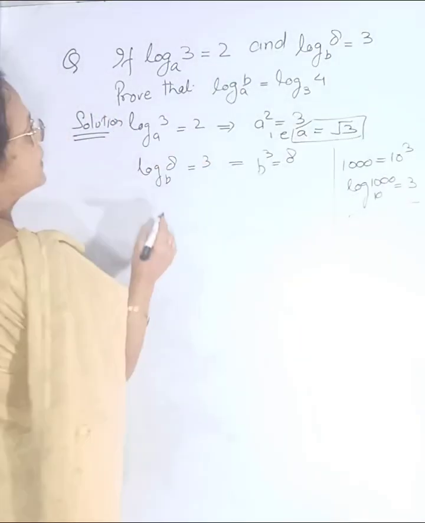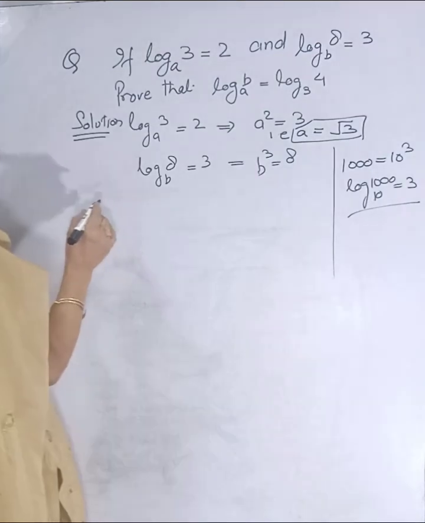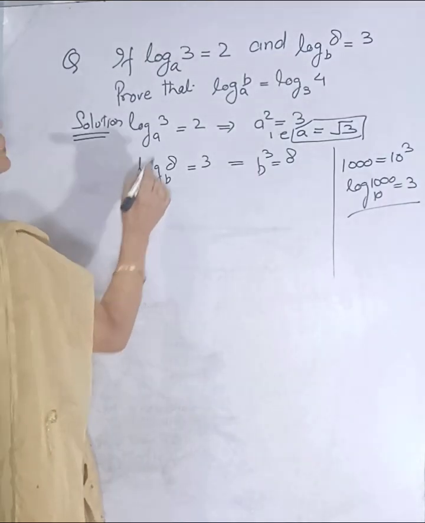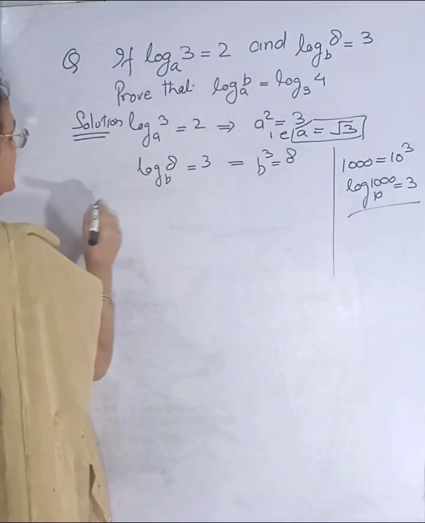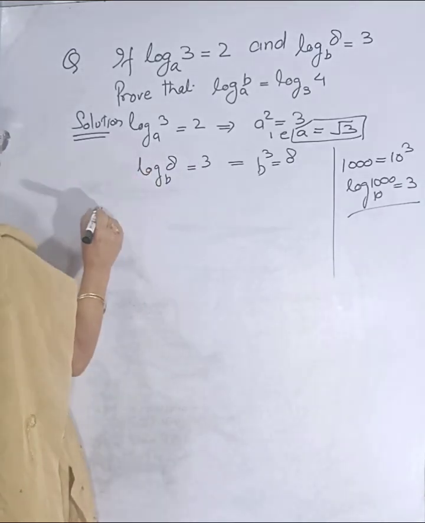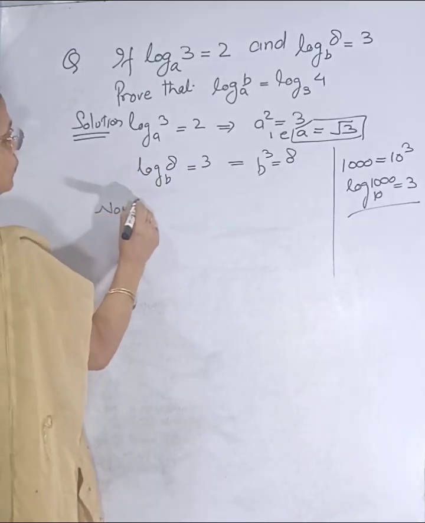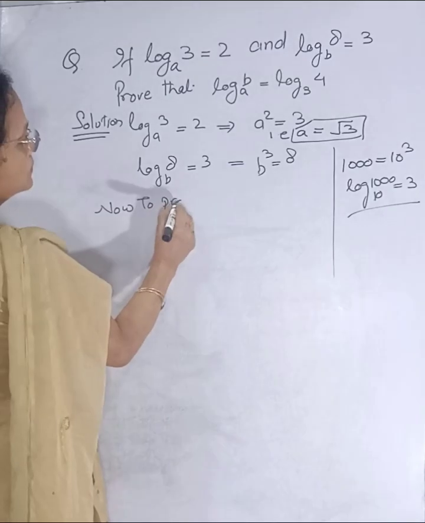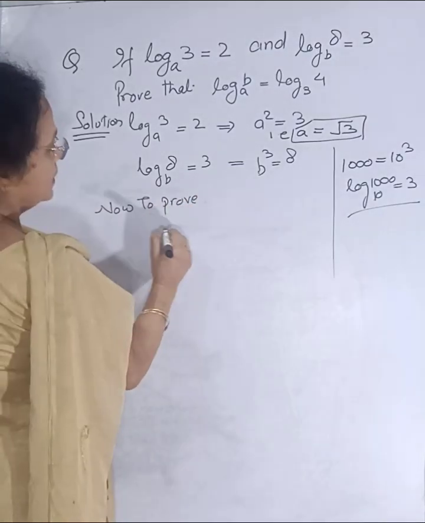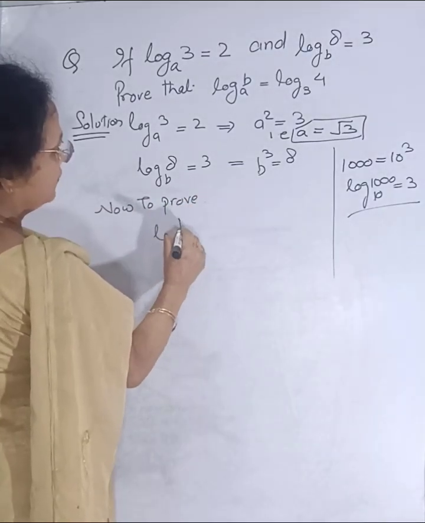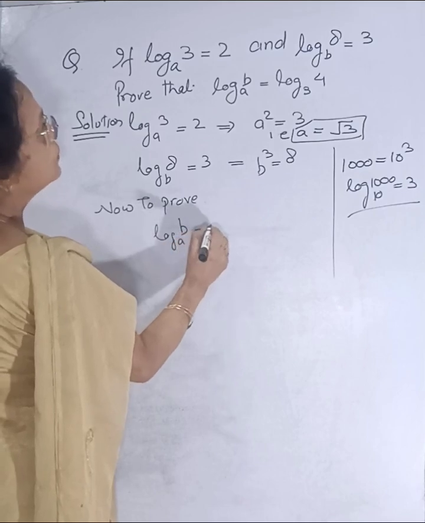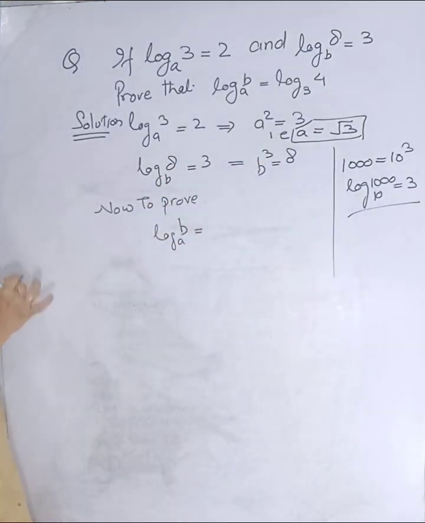अब हमें क्या प्रूव करना है. Now we have to prove log of b to the base a. Now with the help of this, we have to prove log of b to the base a is equal to ये आए. अब हम इसको लेके चलते हैं.